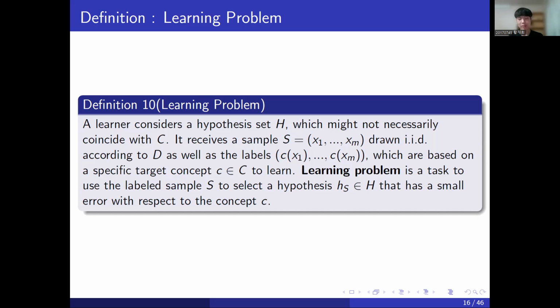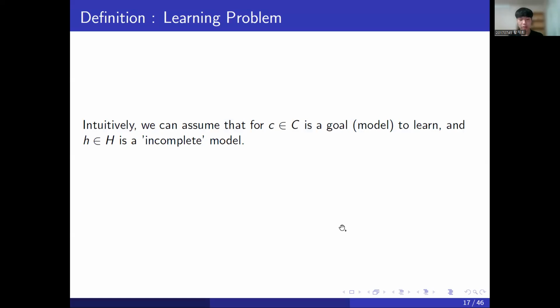In other words, it is similar to c, which is located in the concept class. Intuitively, we can assume that c in C is a goal model to learn, and h in H is an incomplete model. Then how can we measure the error terms between h and c?